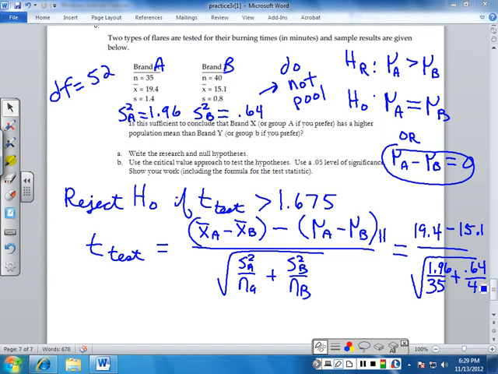So on the top, that's 4.3. Calculate just the bottom part now. We got about 0.268.